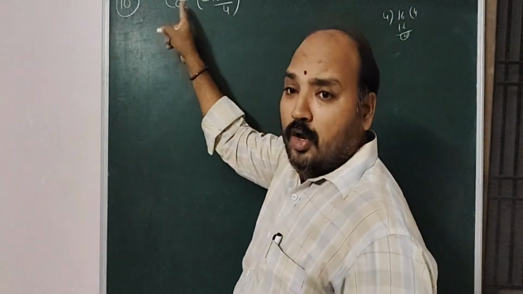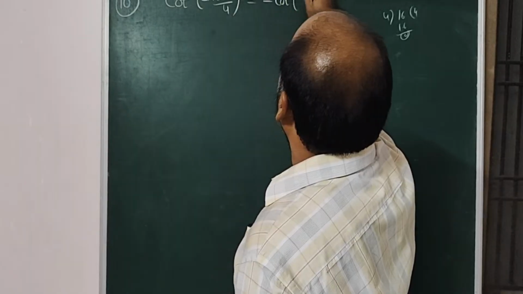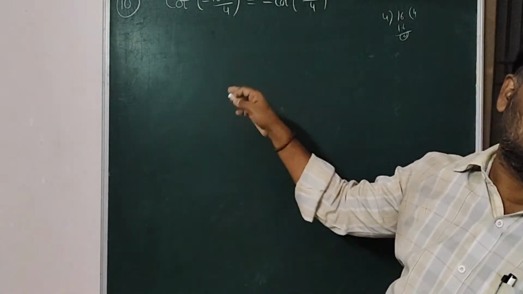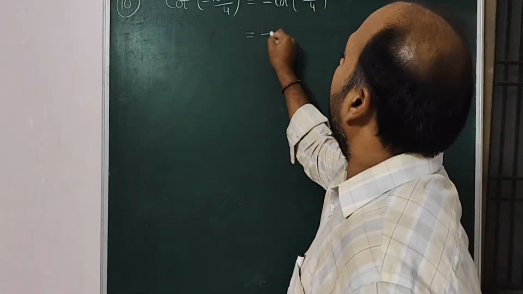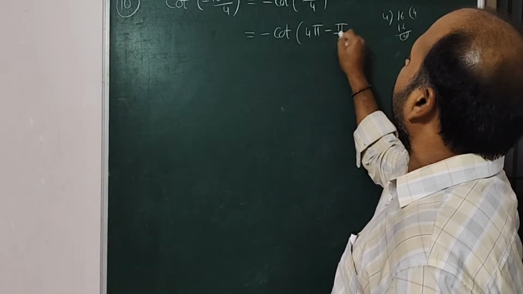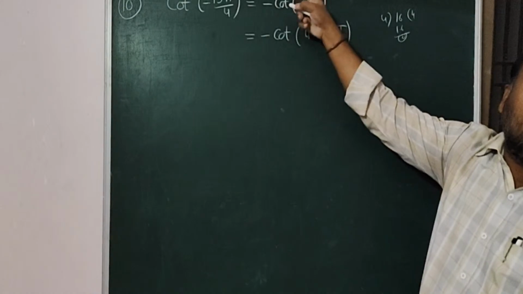First, cot of minus theta is minus cot theta, minus cot 15 pi by 4. Which is equal to minus cot of 4 pi minus pi by 4. 4 times 4 is 16, 16 pi minus pi is 15 pi by 4.